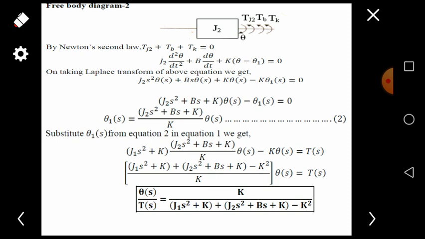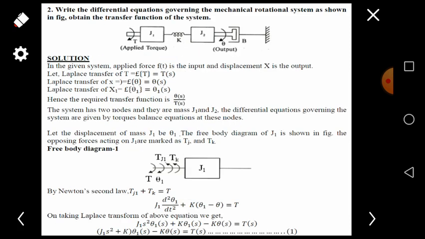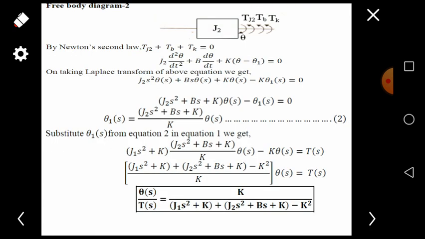From the second mass, we are going to write the free body diagram for the second mass, that is J2. In that, first we write the value for J2, after that the value of k, and then the value for b. So Tj2, Tb2 and Tk are mentioned here.